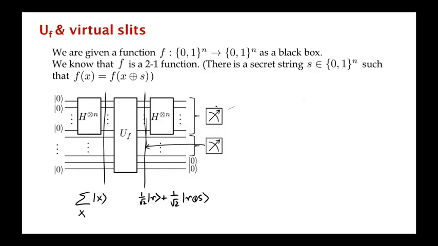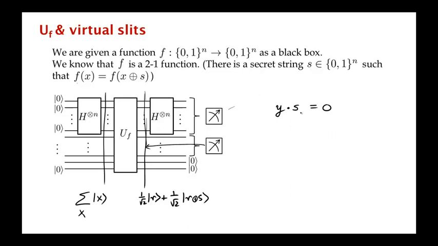But the interesting thing that we said is that if we sample any one of them, so if y is a string where there's constructive interference, then it satisfies this condition that y dot s is 0. And this gives us a linear equation that s must satisfy.